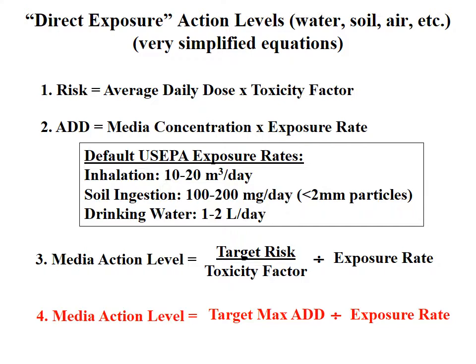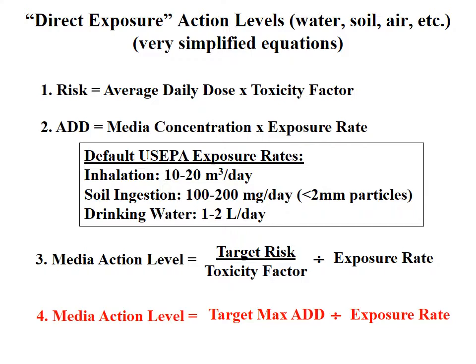So that's the average daily dose. Now how do you convert this to an action level? We understand that risk is based essentially on the media concentration times exposure rate times toxicity factor. We can solve this same simple equation for the media concentration, except now this can be our media action level. So the media action level is a function of the target risk divided by the toxicity factor divided by the exposure rate.